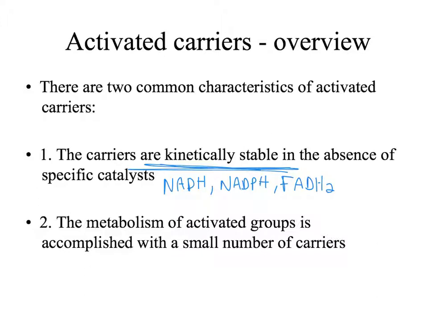If they react slowly, it means they're stable. And because of that, enzymes can control the flow of electrons, and enzymes are going to control reducing power.